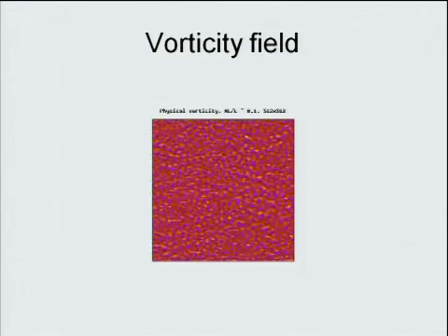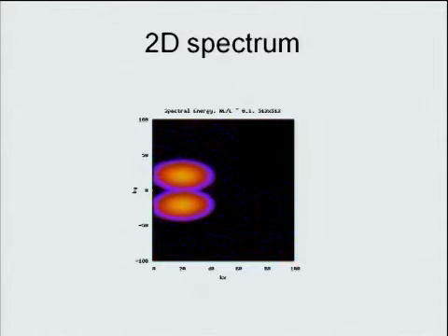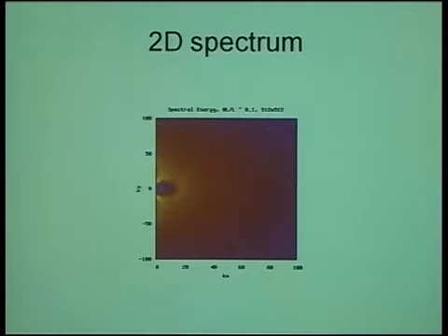Then we see zonal flows forming like that. In k-space, this is our initial condition, more or less, and then we see that it funnels itself, but with this middle remaining pretty much empty.